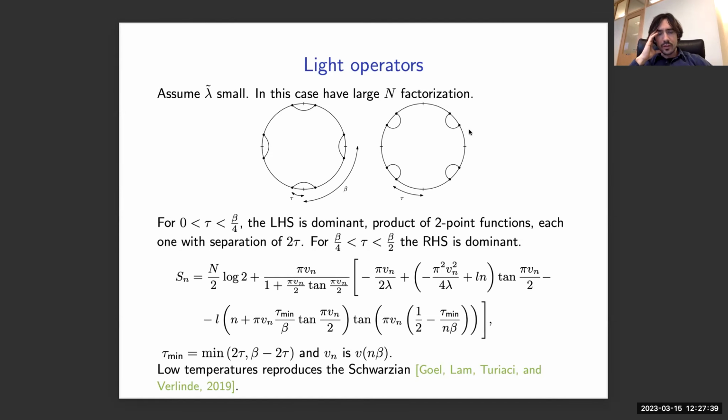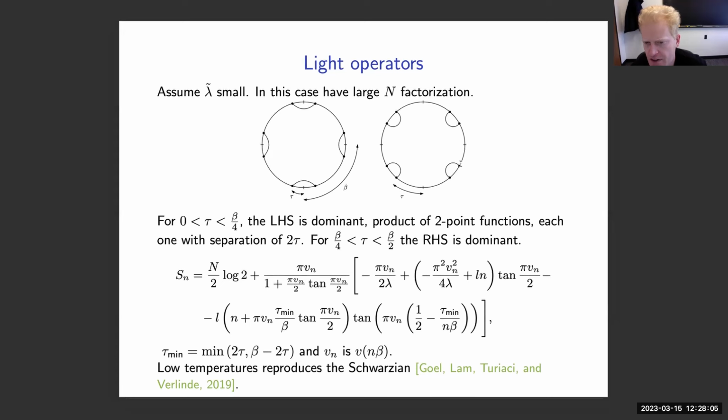So something is cut off, right? In this drawing, something is to be thrown. No, what do you mean? You see, the dots are the operator insertions. This means that I look at the two-point function of this dot.